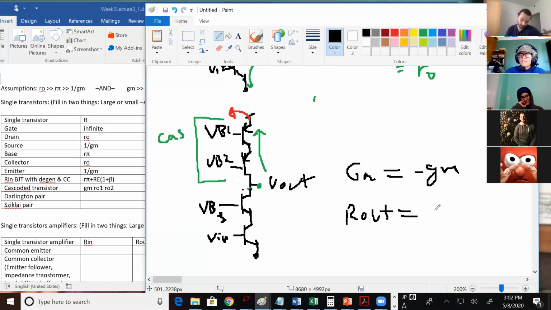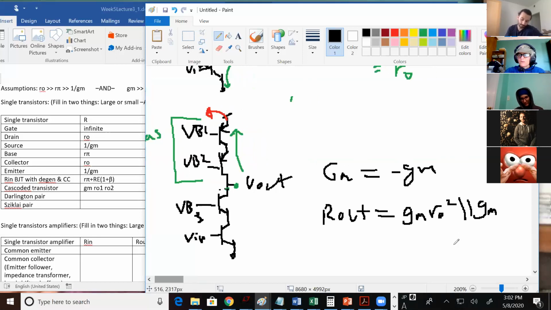RO squared in parallel with RO squared. So you have GM RO squared looking up in parallel with GM RO squared looking down, and you have a gigantic gain. Now your R out is on the order of RO squared instead of just RO.